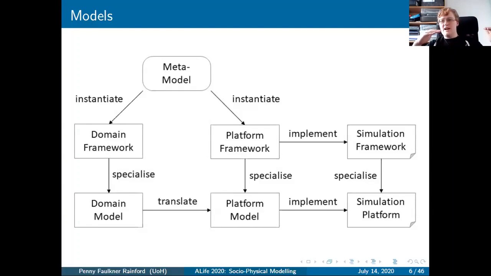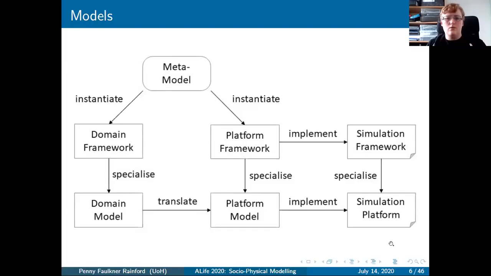So we can have a concept of, say, medical models, a rough starting point to work with there that we can specialize down to a domain model for a particular use. We already have the beginnings of a simulation framework. So we have a package of code that we can specialize into a particular model to help us do things a little bit quicker, but also, again, it helps keep everything a little bit more consistent and make it a little easier to talk across those lines.